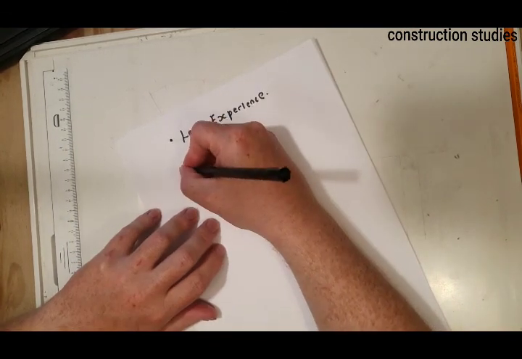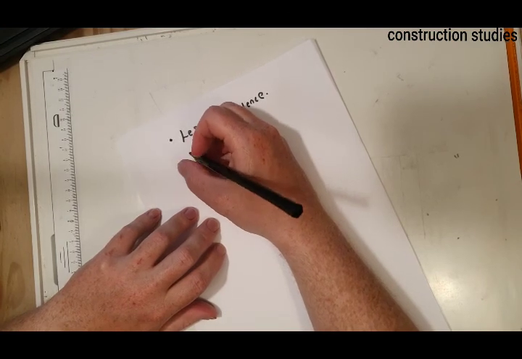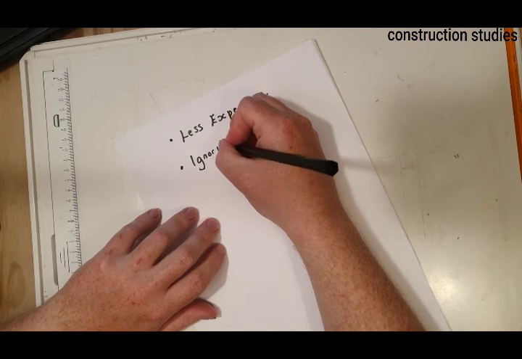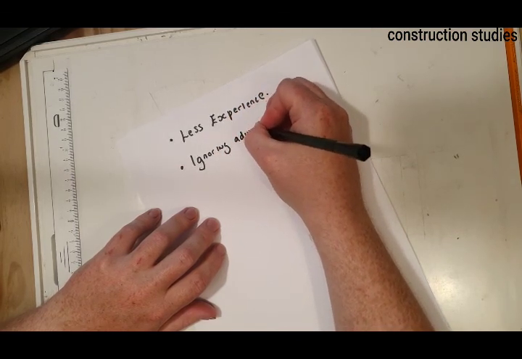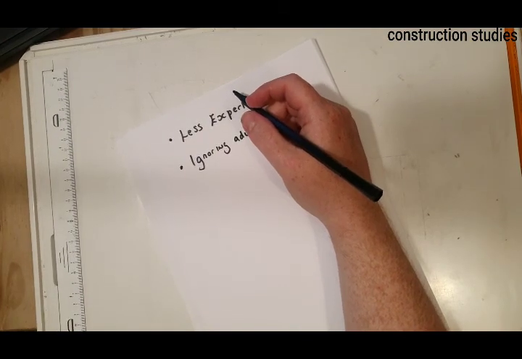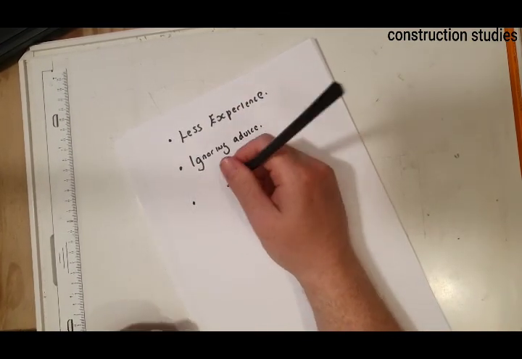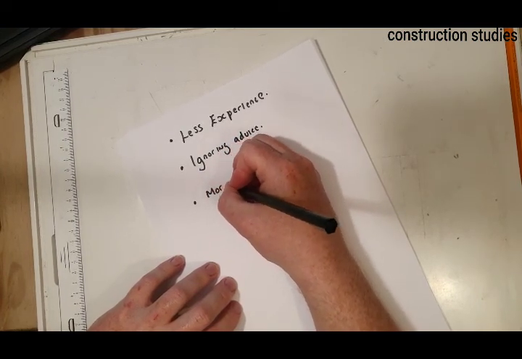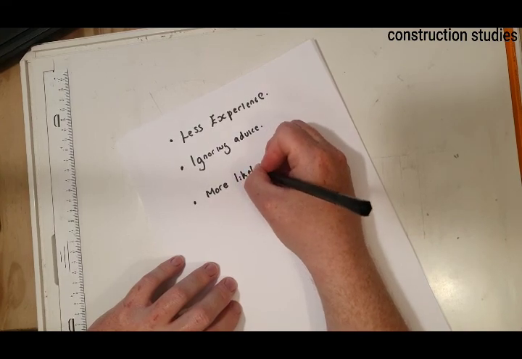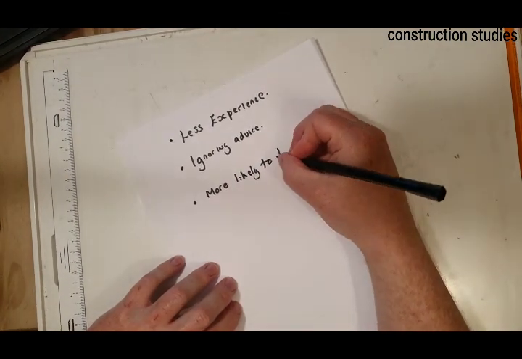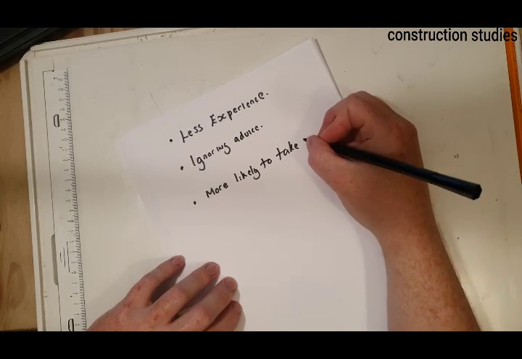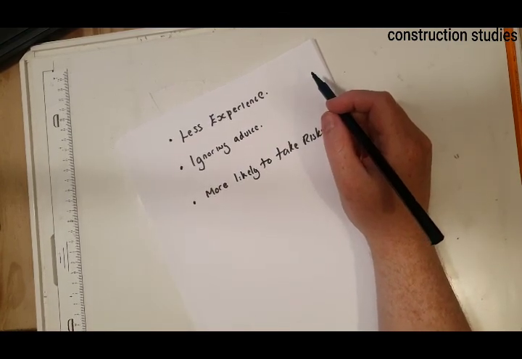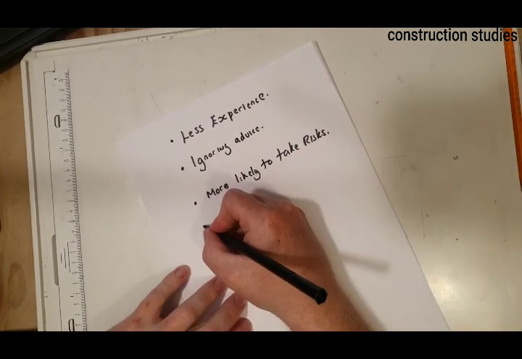They might ignore advice. As teenagers think they know it all, so they might ignore advice. When you're young, you think that nothing bad's ever going to happen to you and that you're invincible. So maybe they're more likely to take risks and maybe not have the correct training.